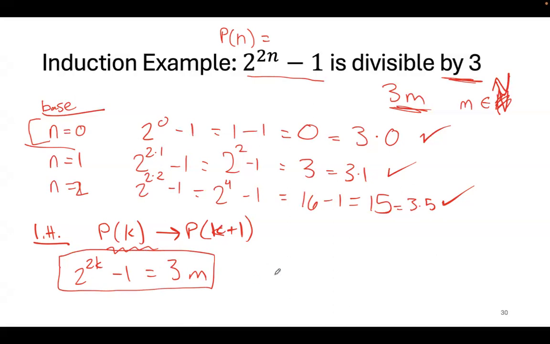So we're going to look at the left-hand side of the equal sign with k plus 1. I'm going to rewrite this on the next slide. Premise at k is that 2 to the 2k minus 1 equals 3m.